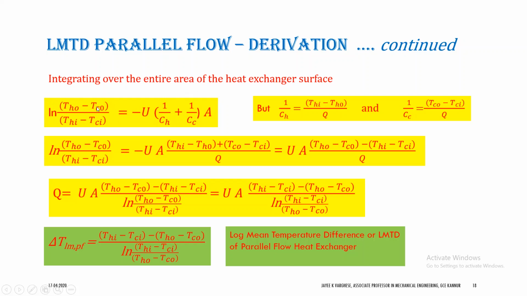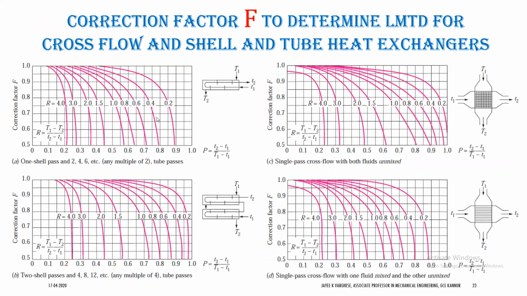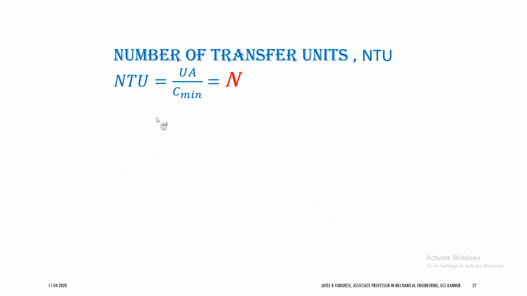For parallel flow, this is the relation: the logarithm of the temperature difference at the outlet, divided by the temperature difference at the inlet, is equal to minus UA into 1 by CH plus 1 by CC. This relation you should remember by heart. We will use the same relation here. That interim result we will use here.